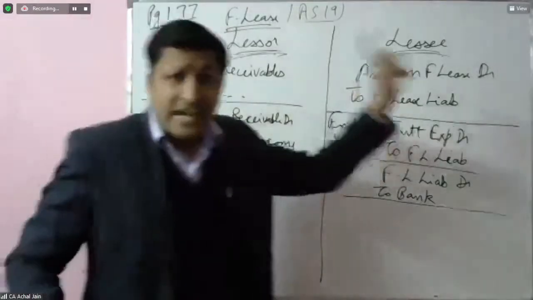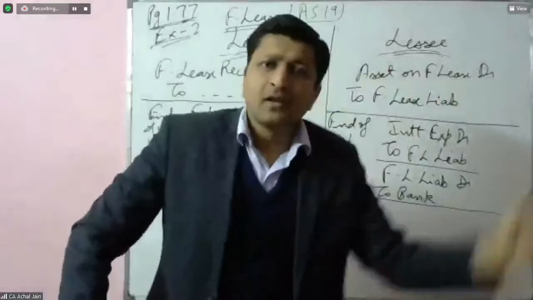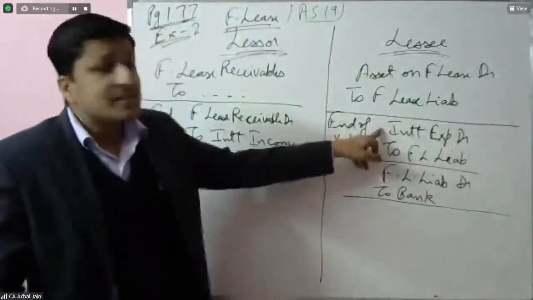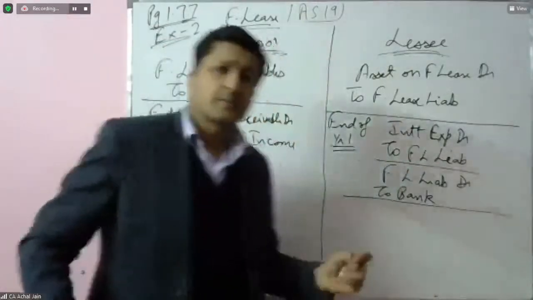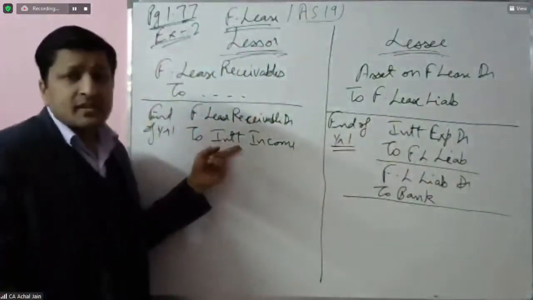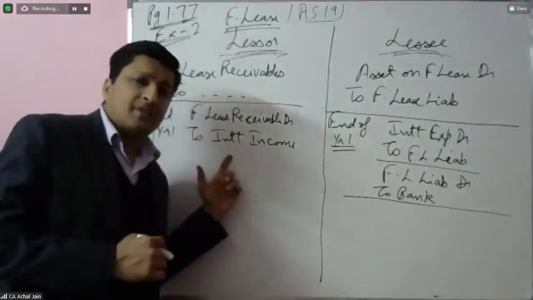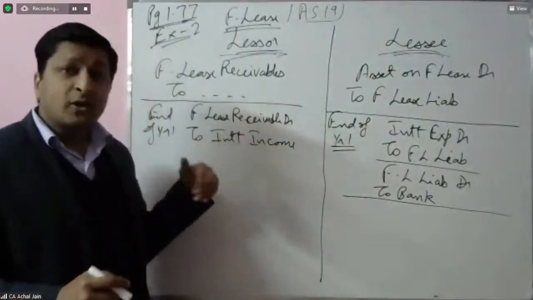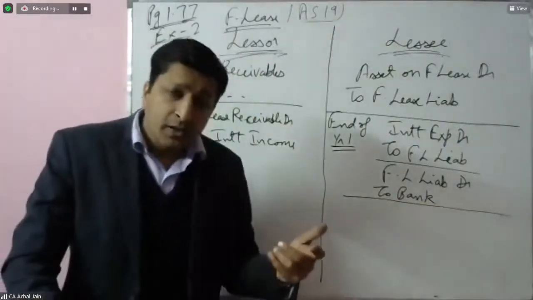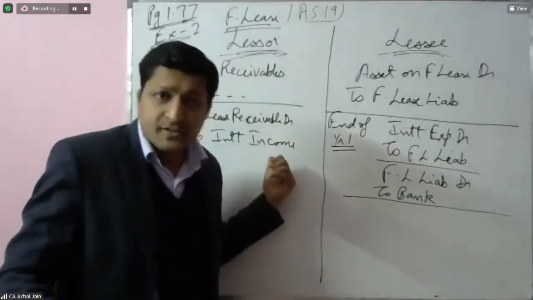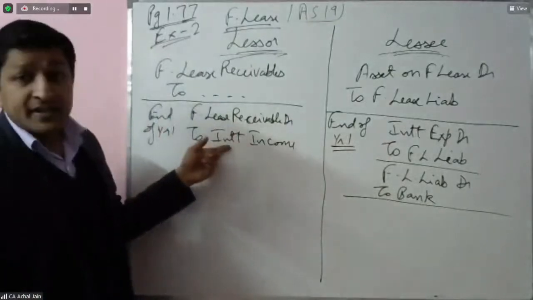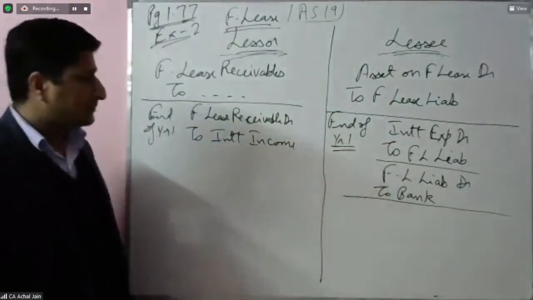Now this lessee is required to pay. That's why he has booked interest on this, and that interest was an expense. This lessor is required to receive this. That's why it will also book interest, because he will receive this amount with the amount of interest. And that's why this interest will become income for the lessor.